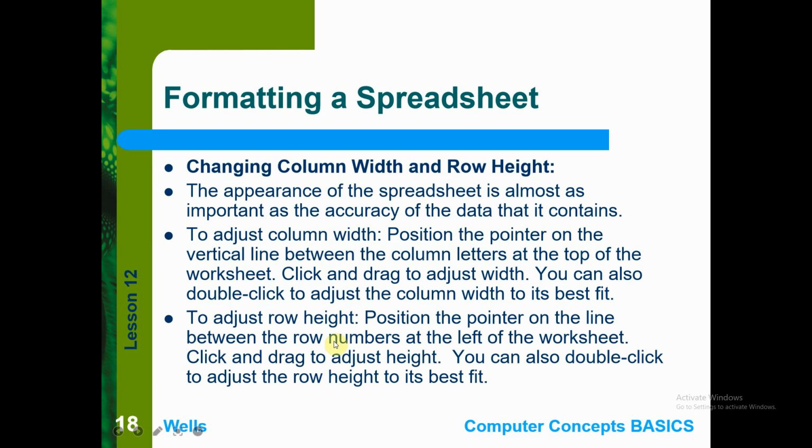Kag sa row height naman, between the row numbers na maalain mo yung tsura sa mouse mo, tapos you can just drag them to adjust the height, or you can also double click to adjust the row height to best fit depending on the length of the data and the cells nga sa sulod.